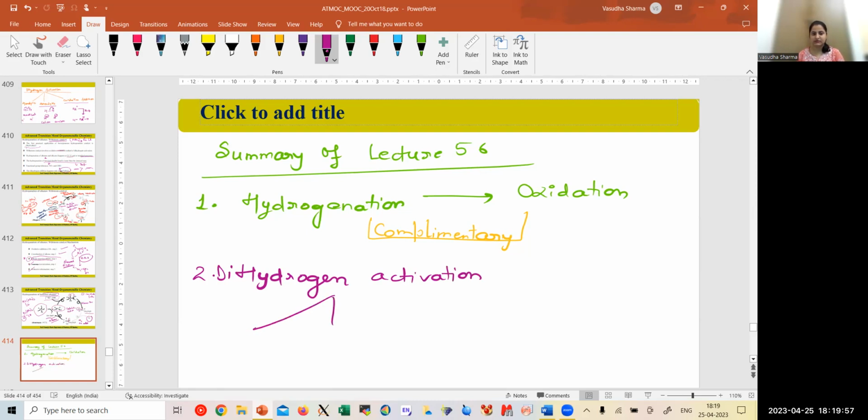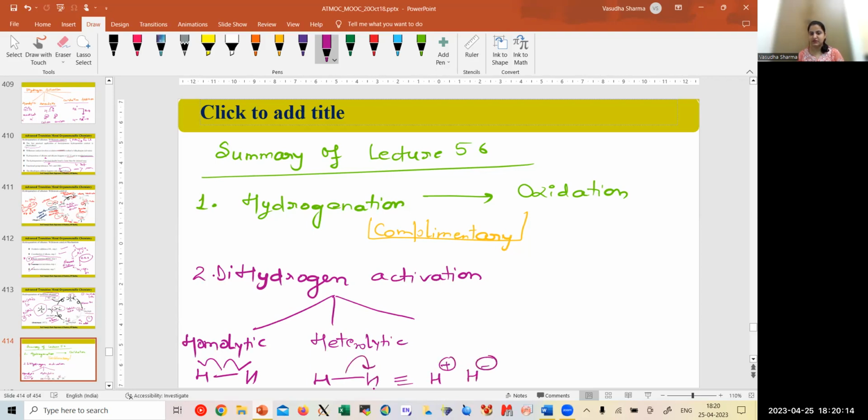One is homolytic, where H and H just go in a radical form. Heterolytic, where one acts as positive, the other as negative. And the third method, which is generally used in catalytic CC coupling or any other reactions, is oxidative addition.